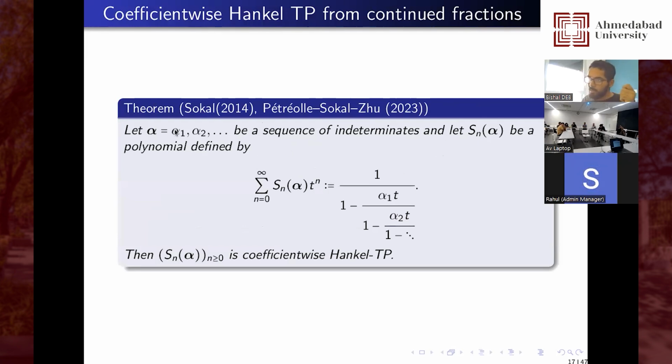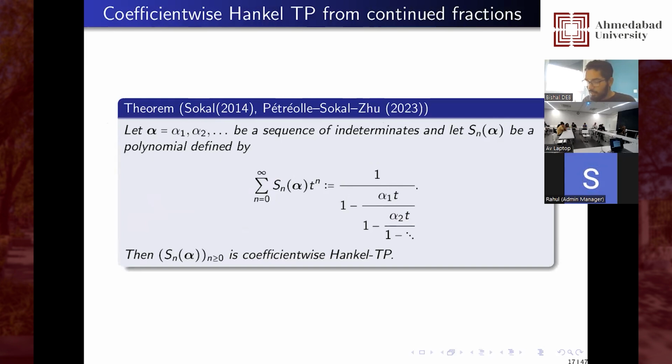You start with a sequence of variables alpha 1, alpha 2, etc., and define S_n of alpha to be a polynomial in these variables. You take the continued fraction 1 over 1 minus alpha 1 t over 1 minus alpha 2 t, and so on, and expand it as a formal power series, doing the Taylor expansion in the parameter t and collecting the coefficient of t to the n. Then the result is that this sequence of polynomials is coefficient-wise Hankel totally positive.